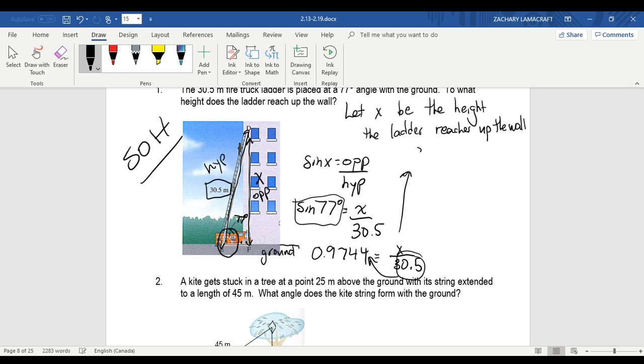And our equation is now going to look like 30.5 times 0.9744 is equal to x. If you do this, you should come up with the answer of 29.7 meters. And our concluding statement would be, therefore, the ladder reaches 29.7 meters high.